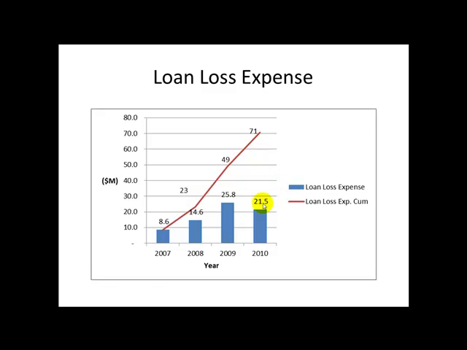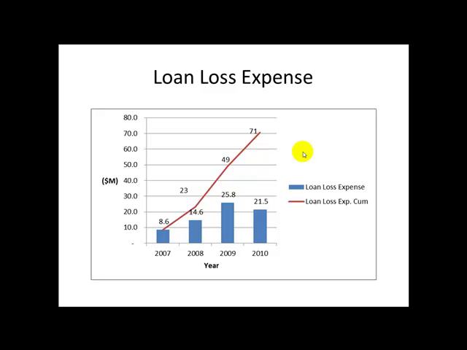And looking at it a little differently, the blue columns again are loan loss expense, and we can see this is the cumulative loan loss situation, and it starts at 8.6, and year over year it's exploded to $71 million. Now this is loan loss expense over those years.